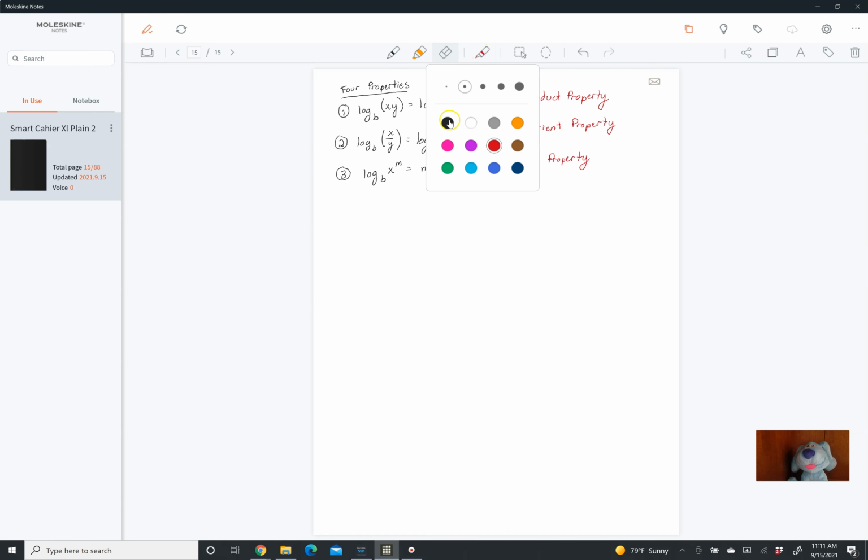And the last one, which actually doesn't even really have a name, it's intuitive, meaning you kind of would know it. So if log base b of x equals log base b of y, so you have the same base and the logs are equal to each other, then the arguments must be equal to each other.